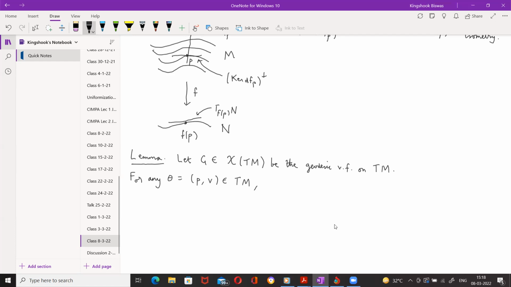So that corresponds to an element of TpM plus TpM, with respect to the isomorphism J theta. So what is that going to be?